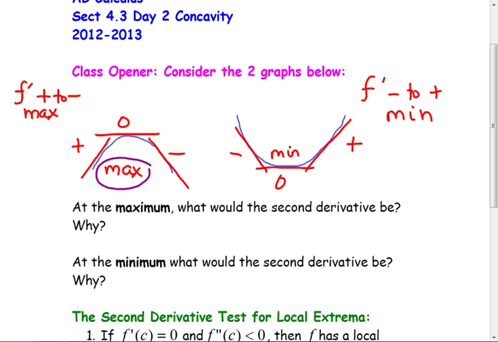What's true about the concavity? It's concave down. So when my function at this c value is concave down, what would be true about the second derivative? It's negative.